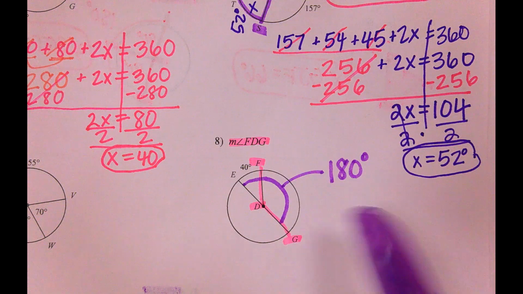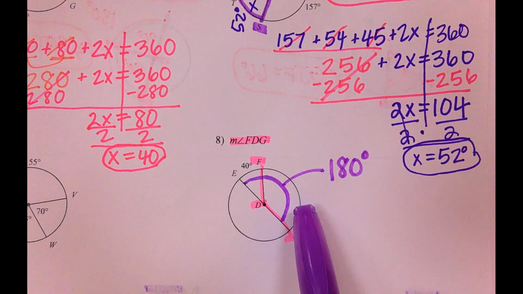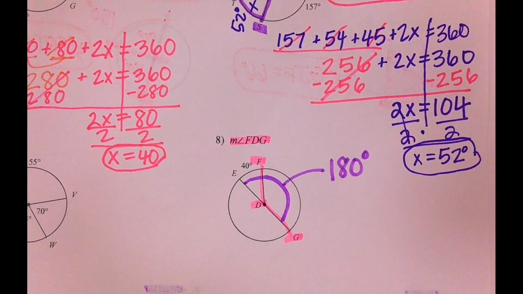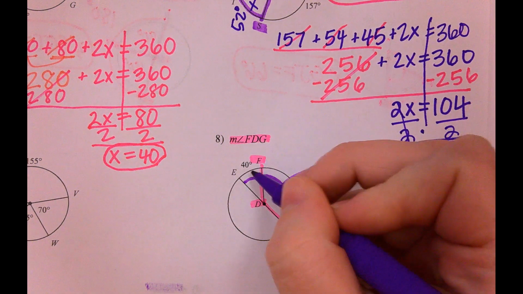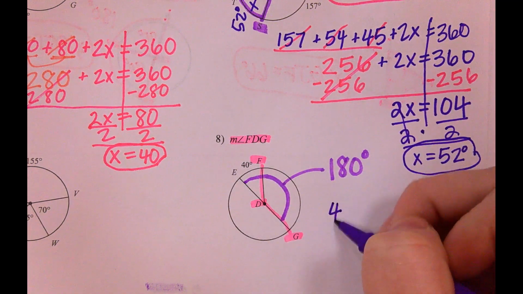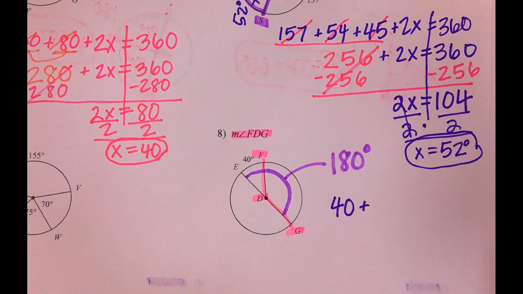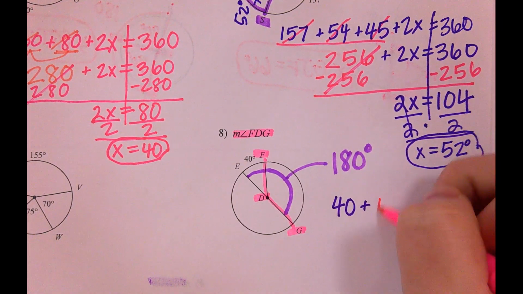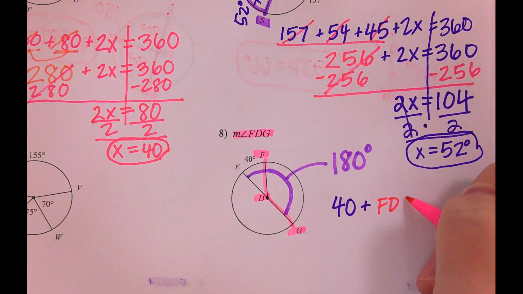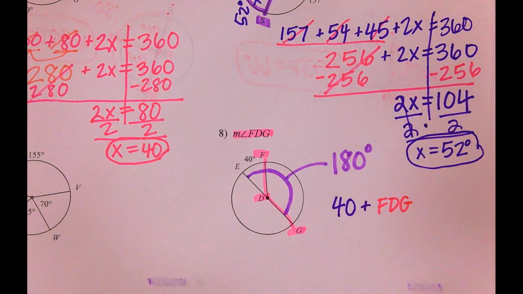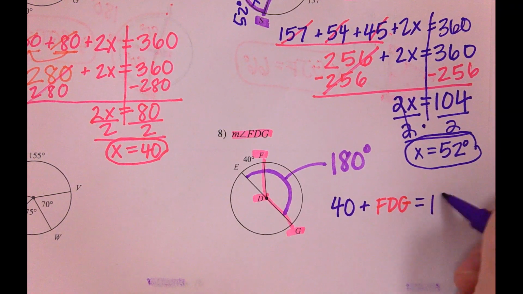So, can't I just add 40 to that other angle and say that it equals 180? And then solve by subtracting that 40? Yes, we can do that. So, let's do that. 40 plus FDG equals 180.